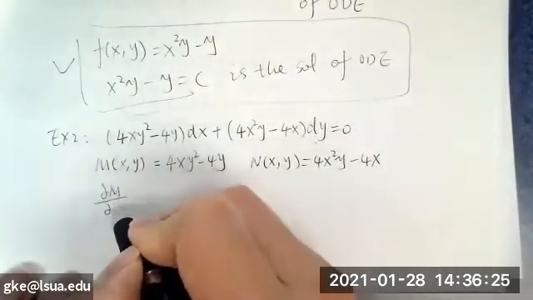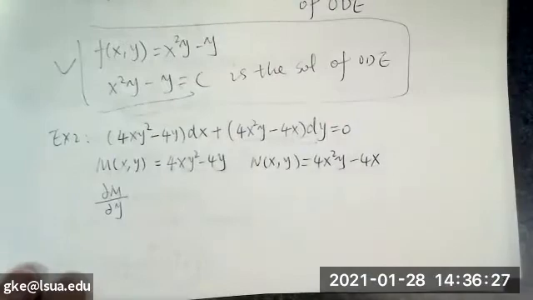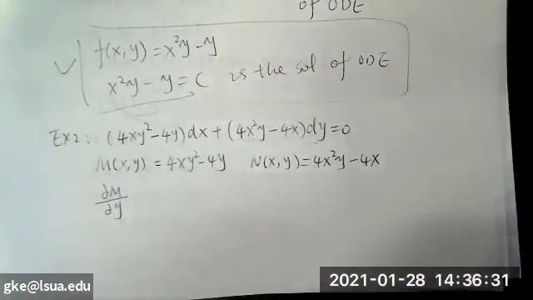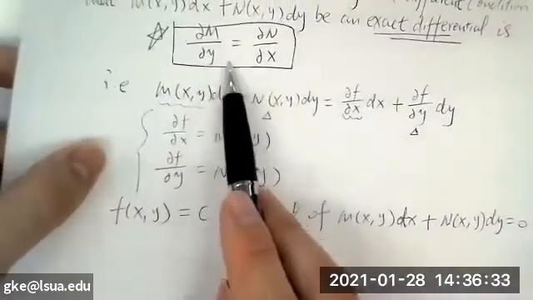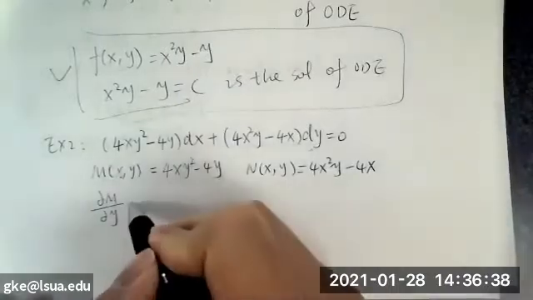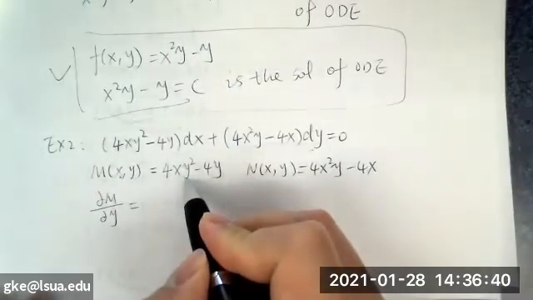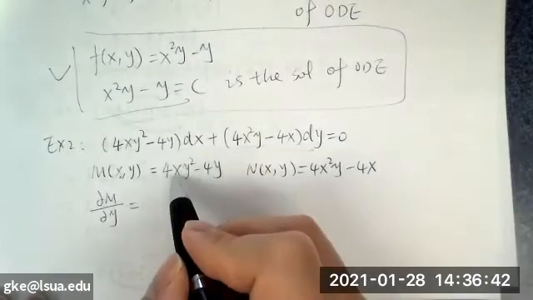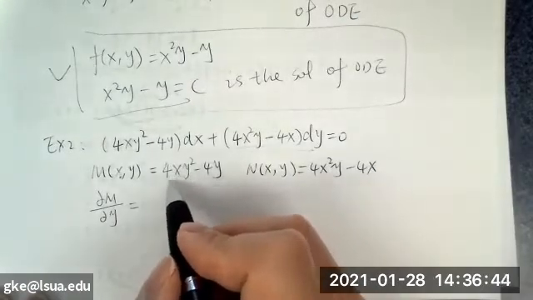Partial M over partial y. Just follow the steps. Check this condition, partial M over partial y. Do the derivative for y. We treat the x as a constant, right?